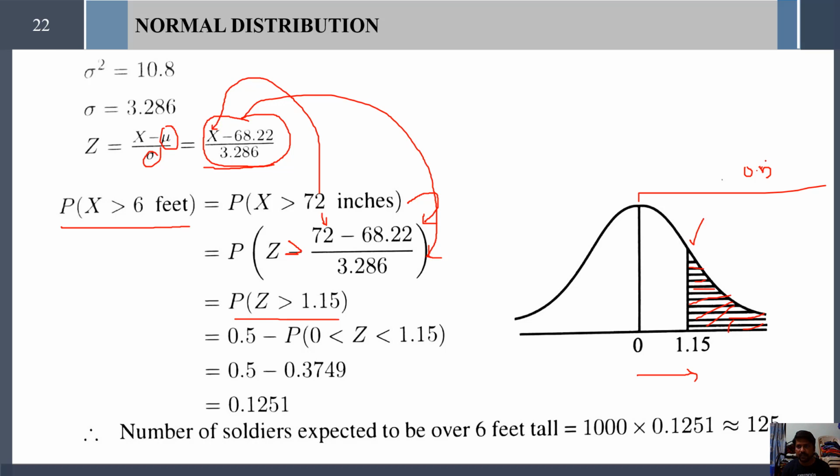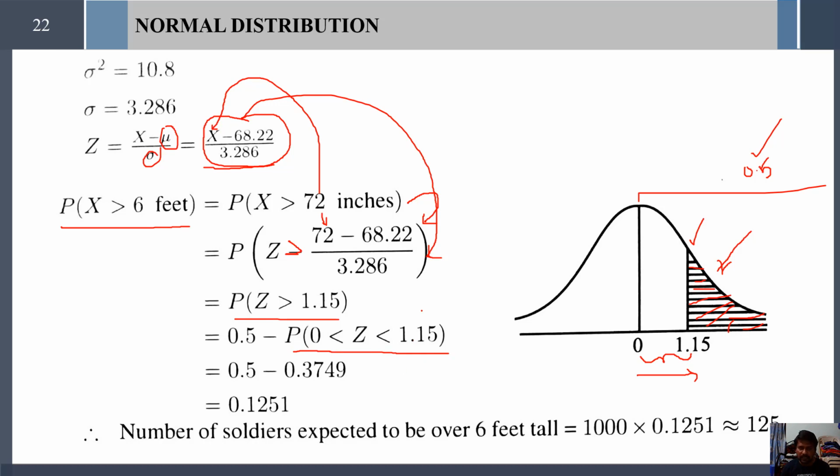Therefore, to calculate this shaded portion, we have to subtract this area from the total area of 0.5. That is the area lying between these two ordinates. That is nothing but 0.5 minus probability of 0 less than z less than 1.15.